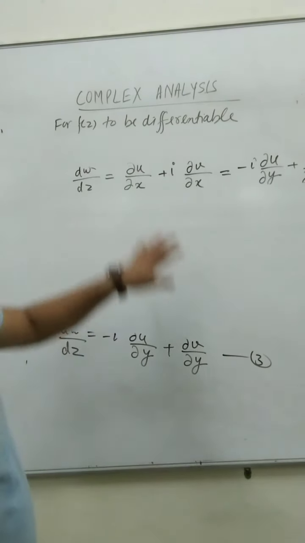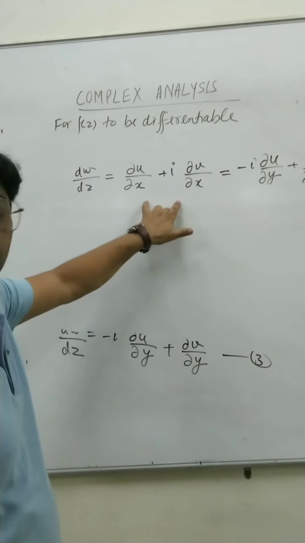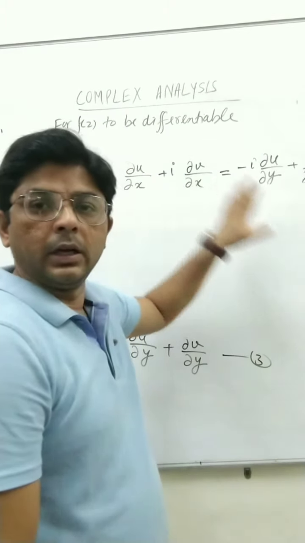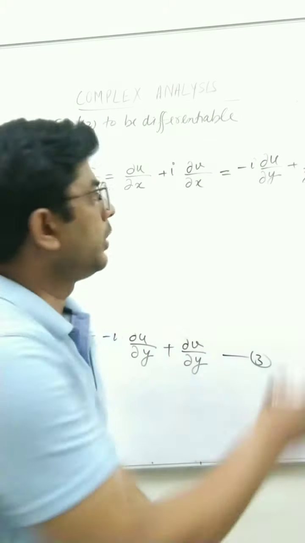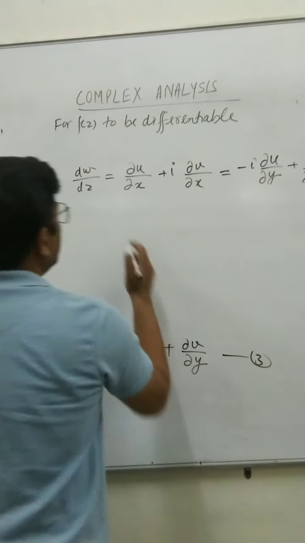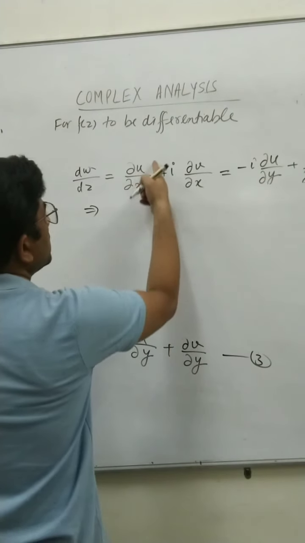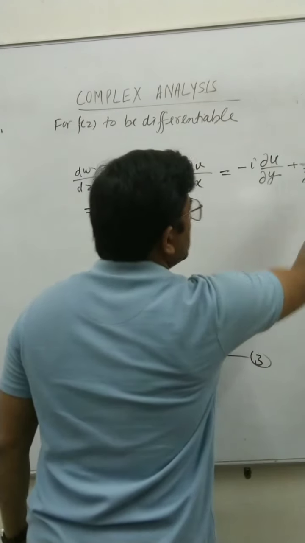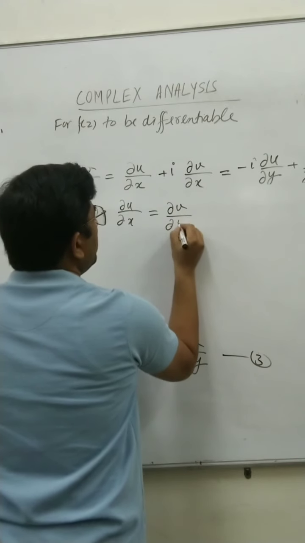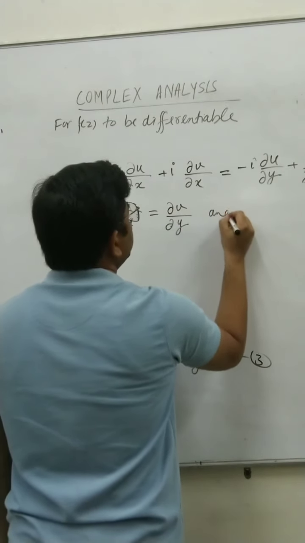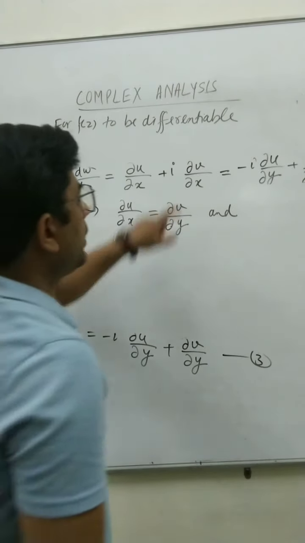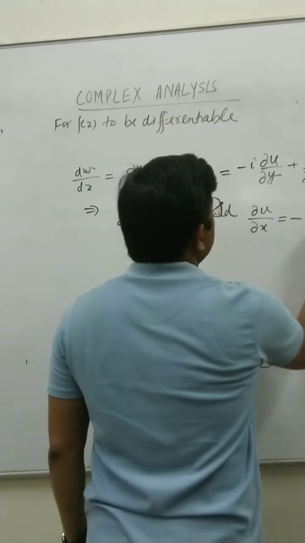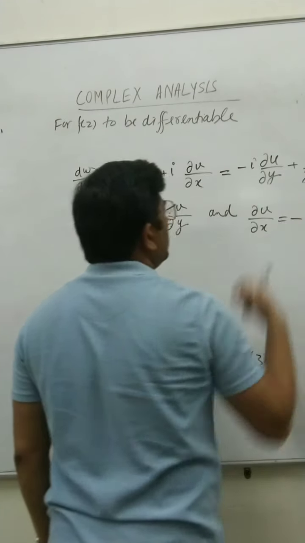Now, because these are the two values of dw upon dz, on the left hand side we have a complex number, on the right hand side we have a complex number. Two complex numbers are equal only when their real parts are equal and their imaginary parts are equal. So equating the real and imaginary parts, this is the real part, partial derivative of u with respect to x, this should be equal to the real part, partial derivative of v with respect to y, and this is the imaginary part, partial derivative of v with respect to x is equal to minus partial derivative of u with respect to y, the imaginary parts.